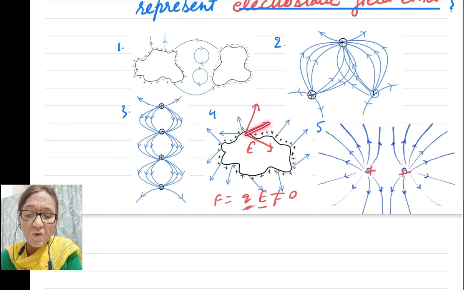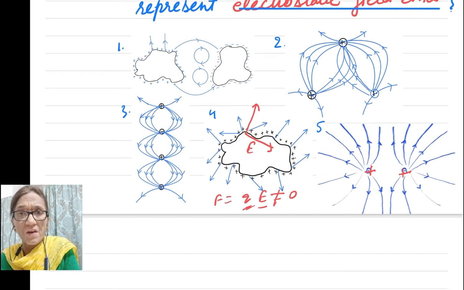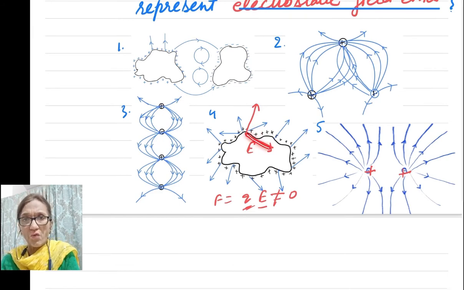In option 4, you have the electric field directed not at all points perpendicular. Here it is making a certain angle with the surface which is smaller than 90 degrees. So when you take the component of the electric field towards the surface, because here you can take a component, then you know that force is equal to QE.